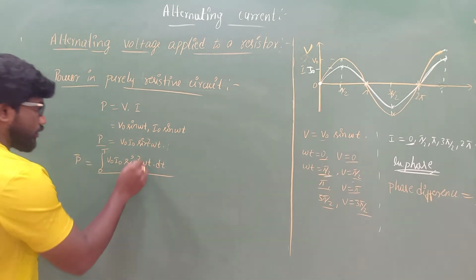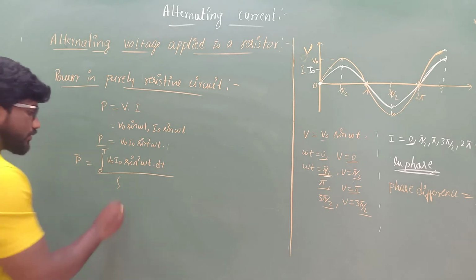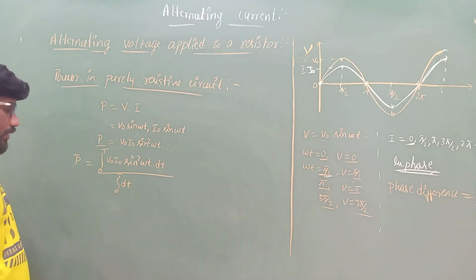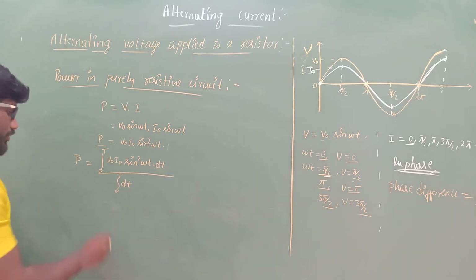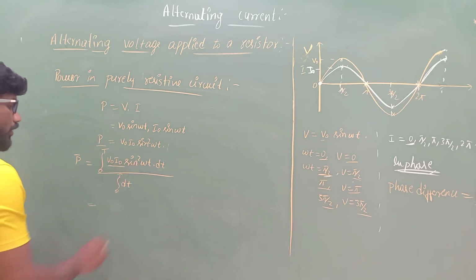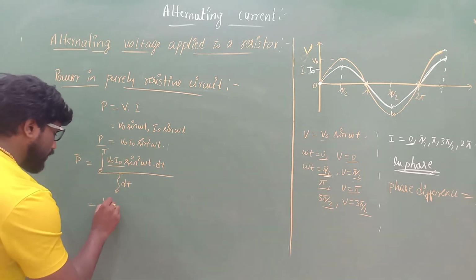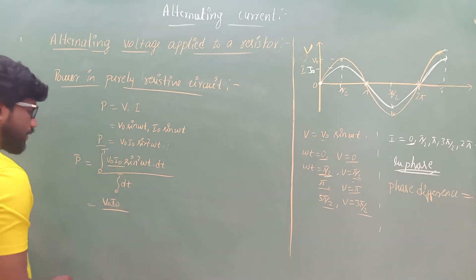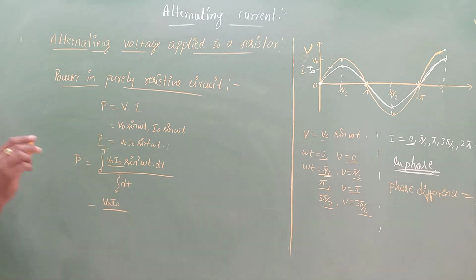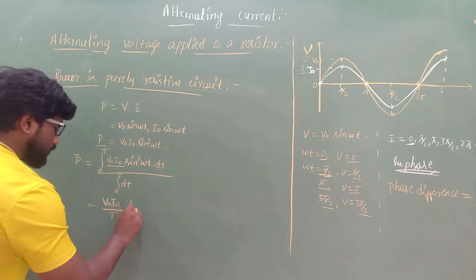Now you can do the integration. I'll take V naught I naught outside, divided by the integration of dt, which is T. When you apply the limits, T minus 0, you will get T only, into the integration of sine square omega t.